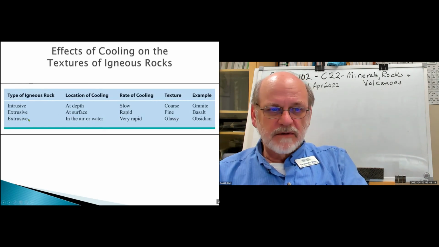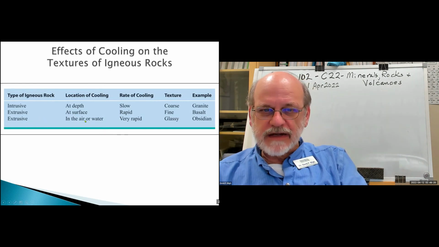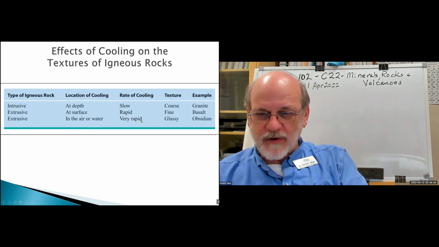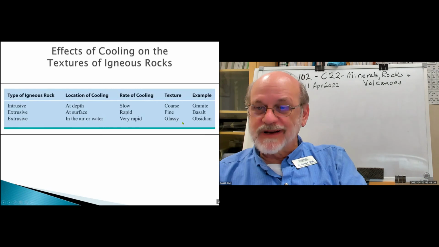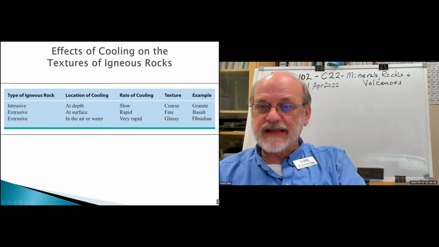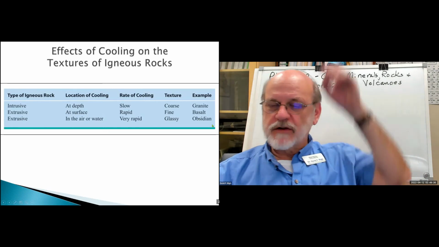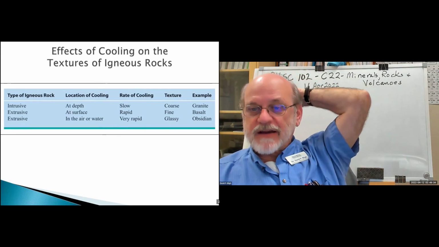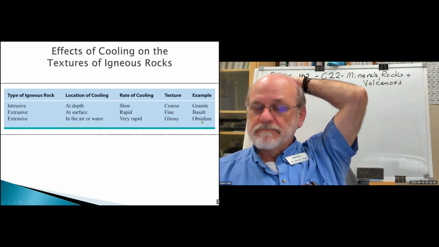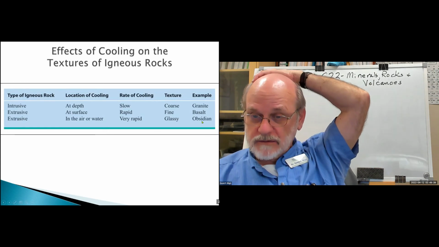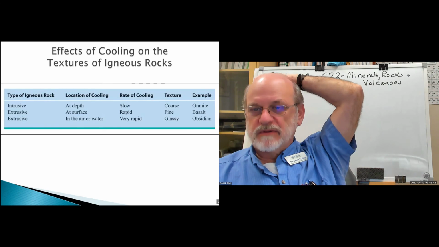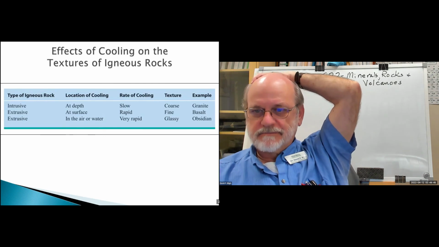Whereas this one, an extrusive rock in air or water, cools very rapidly and forms a glassy texture, obsidian, right? If you've ever seen obsidian, it is very shiny. And in fact, obsidian cleaves very well and can make very sharp edges.